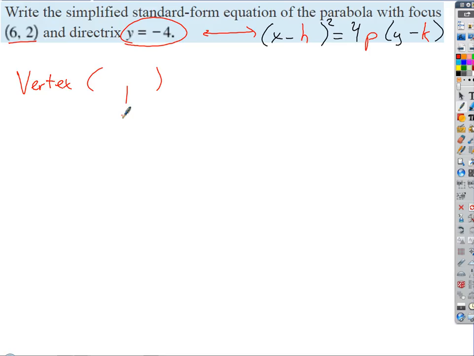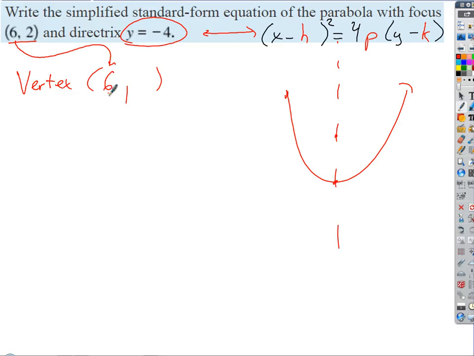They're both going to sit on the line that's the axis of the parabola. If I graph a parabola, there's the vertex, there's the focus, they're both going to sit on that axis of symmetry of the parabola. So we know right away that that's a 6, okay?